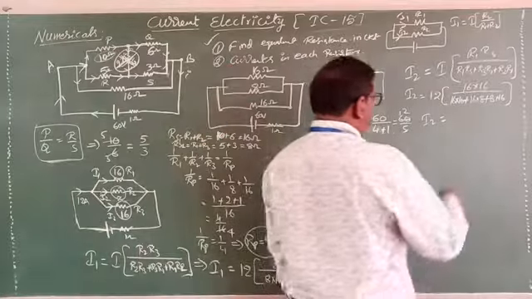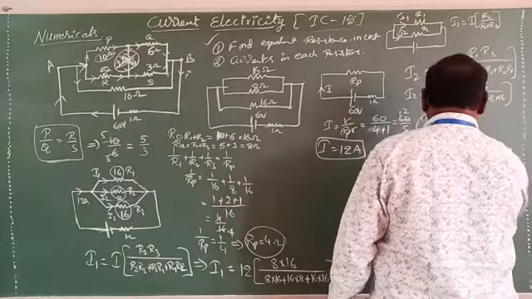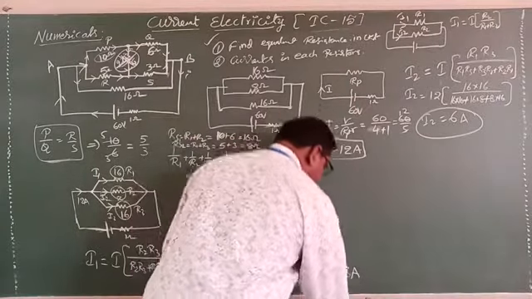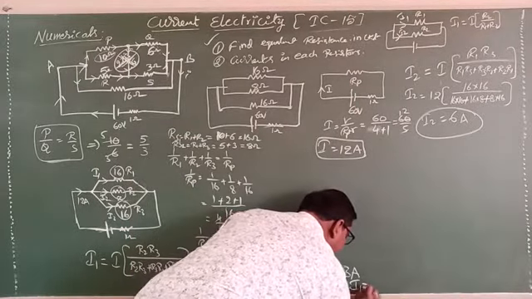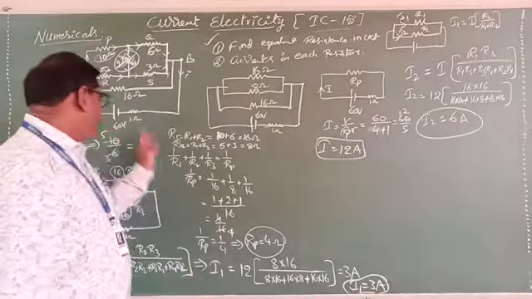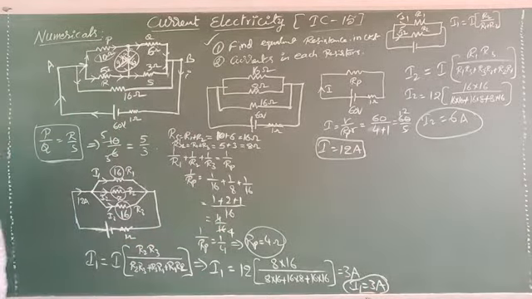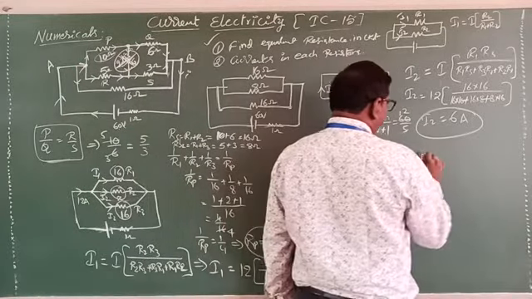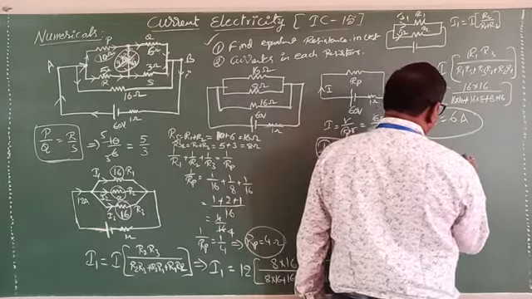If we measure I3, same way. This is I2, this is I1, I1 equals 3 amps. Now two currents you measured, I1 and I2, and the total current you know. So how can you measure I3? Very simple. Total I equals I1 plus I2 plus I3.